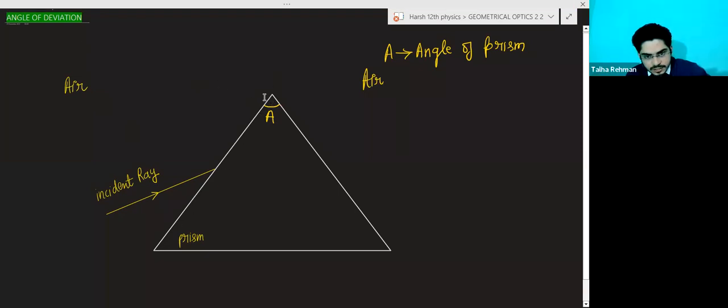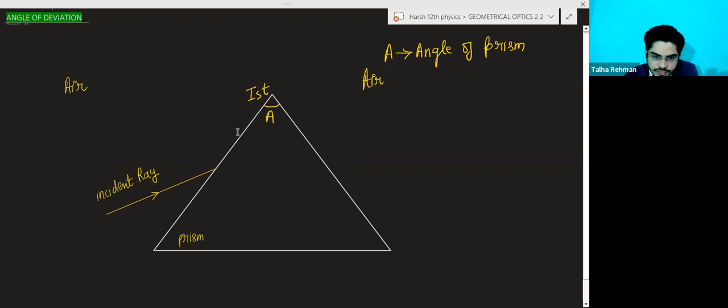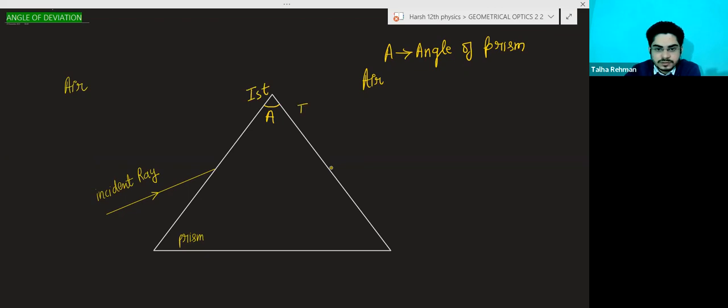I told you the two surfaces are there, one is this and one is this. Suppose this is the first surface, and this surface is the second surface. I am just assuming it.